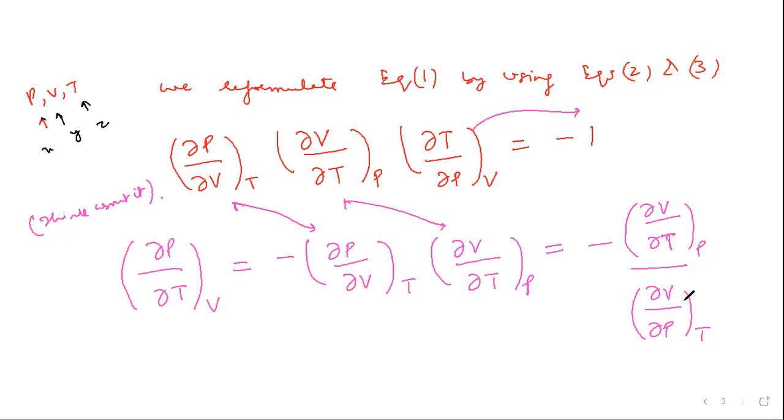Then what we do, we write it equal to beta by K. What is beta and what is K?